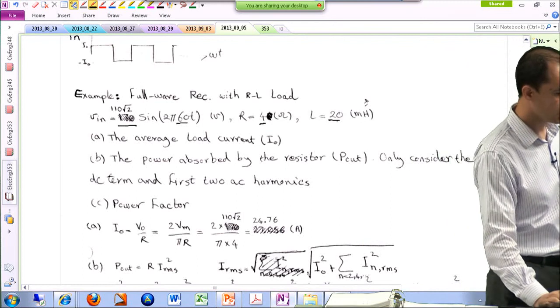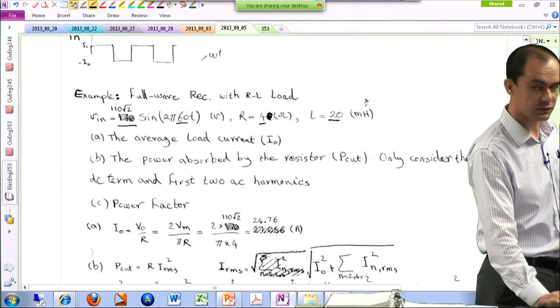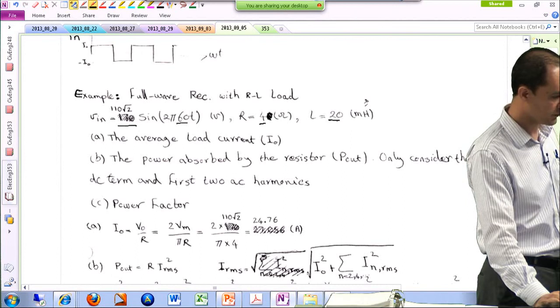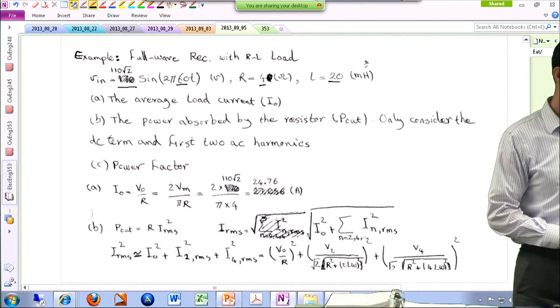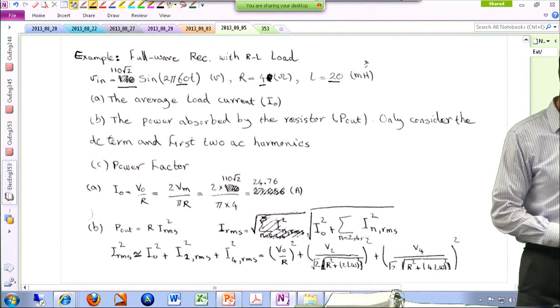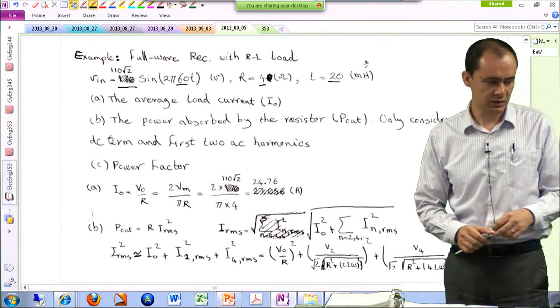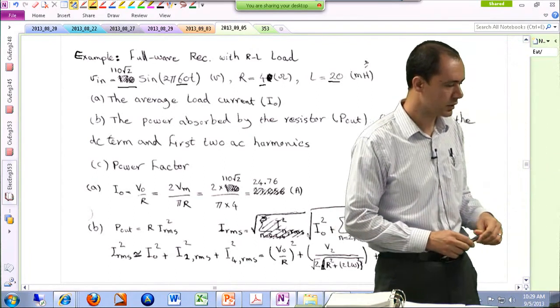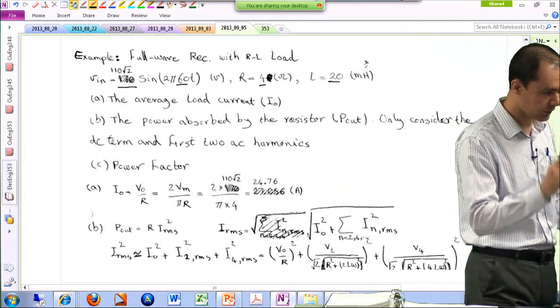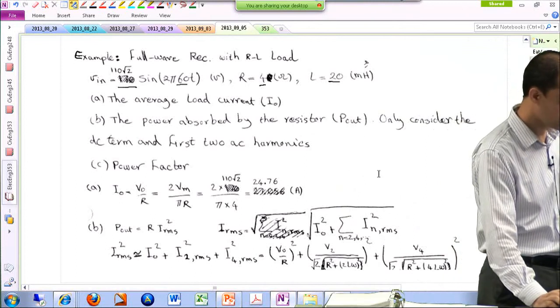The average load current we want to find; we just found that we're very close to 25 amps. Part B, power absorbed by the resistor, and we have been asked to only consider the DC term and the first 2 AC harmonics in the output current. Part C is asking about the power factor.